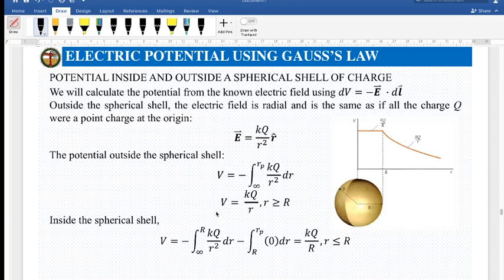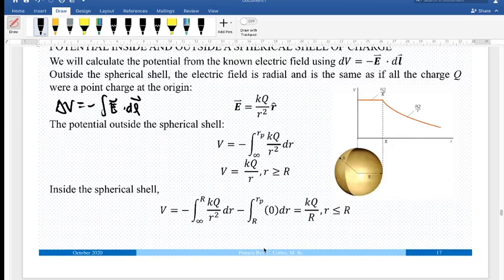If you are watching my lecture video on Gauss's law, you first calculate the electric field using Gauss's law, and then using the expression we had, delta V is equal to the negative integral of E dot dl, you can find the potential at any point of the continuous charge distribution. For example, for a spherical shell of radius R, we have to find the electric potential inside and outside.